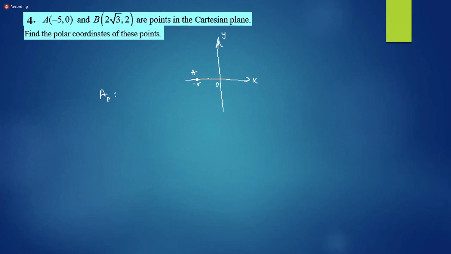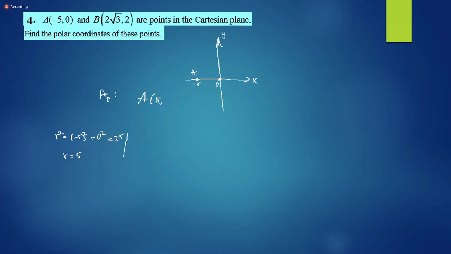what should we do? Formally, we should say that evidently the radius square is x square plus y square, it's 25, so r is 5. Evidently, the distance is positive only. But we can already see the distance from the origin here. We can already see the distance is 5 because of where this point is. We don't have to waste time with this kind of thing.